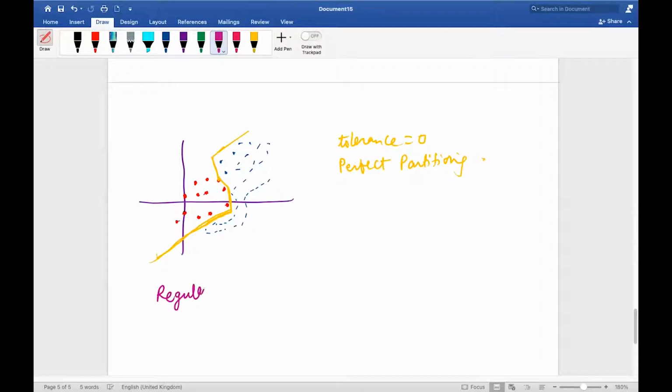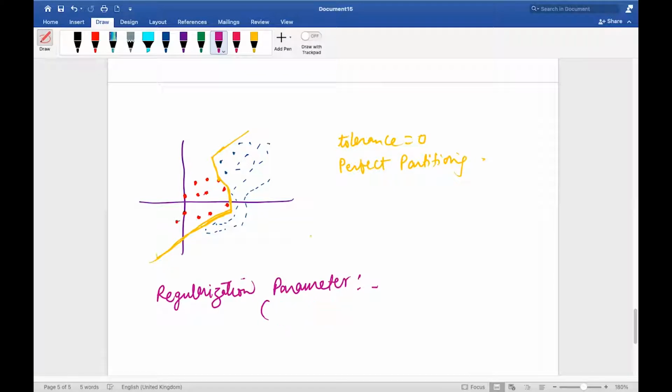Regularization parameter. Sorry, my bad.